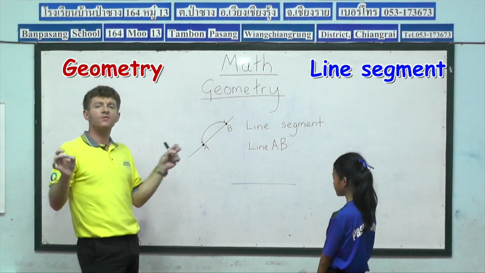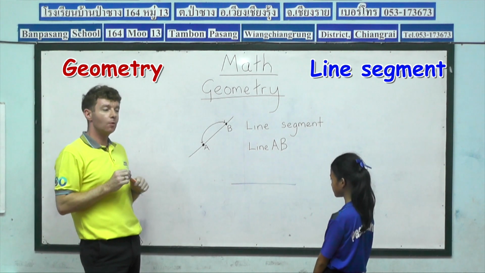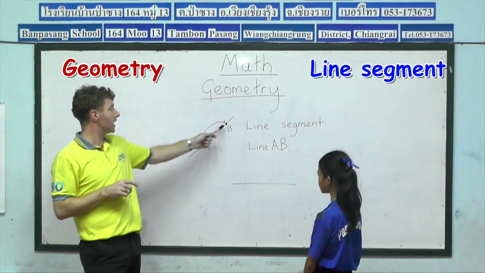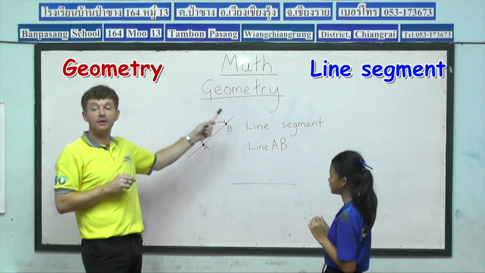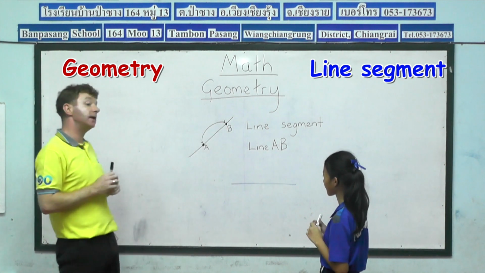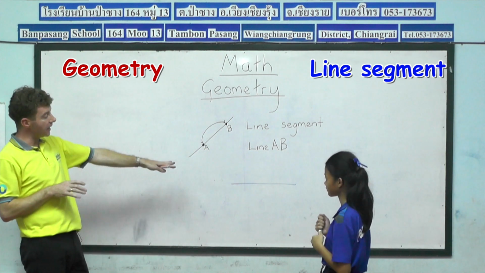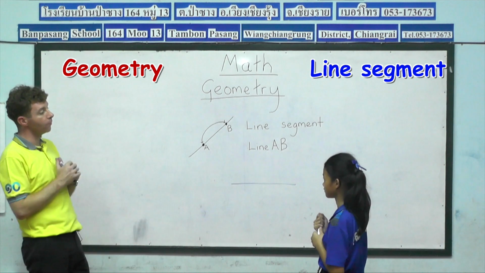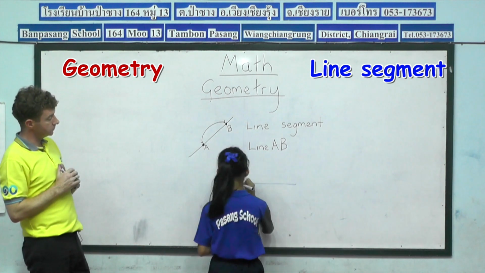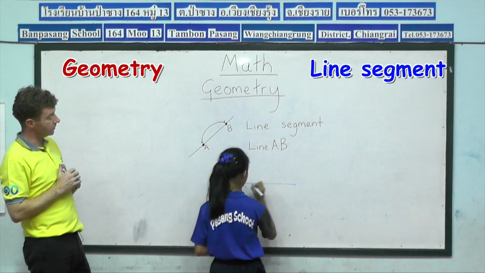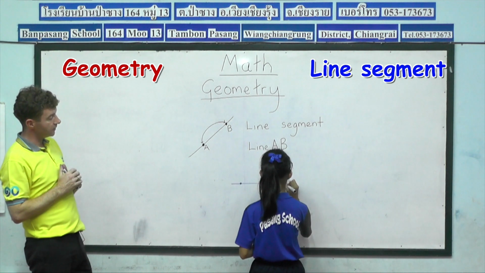But if we're going to have line segments, what else do we need to have on our lines? We need to have points. Yes. How many? 2 points. So Dan, anywhere you like on your line, can you draw 2 points? That's 1 point. That's 2.